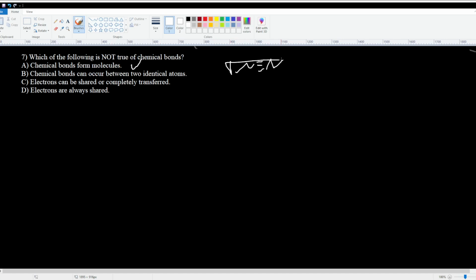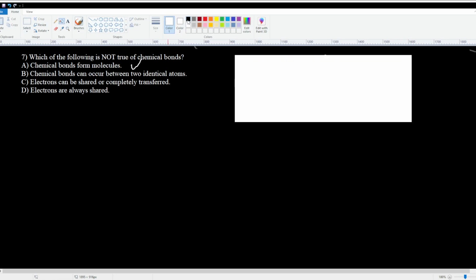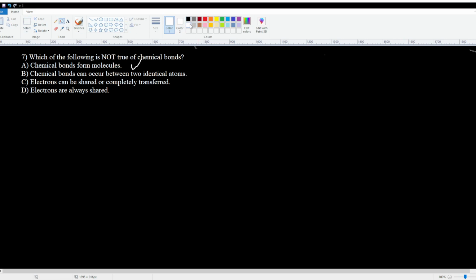This is also possible. Same thing with bromine, if we're just talking about neutral atoms. And then chlorine, and then oxygen. This is what we breathe, of course.